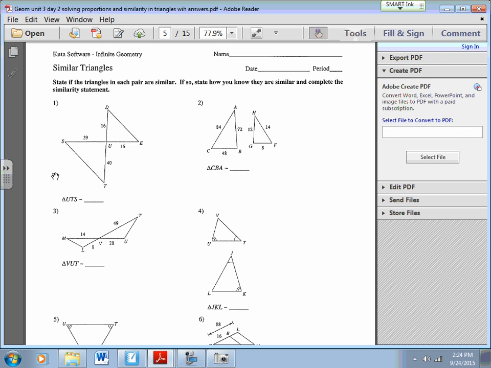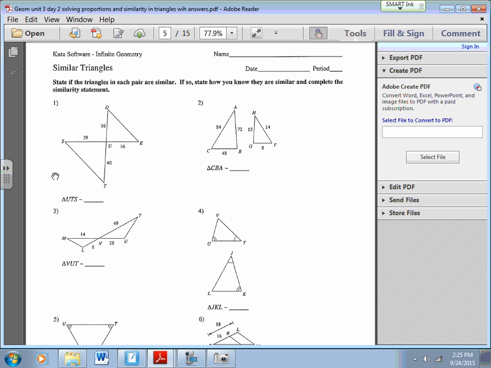And just look at the picture carefully. I want you to notice information that's in the picture.